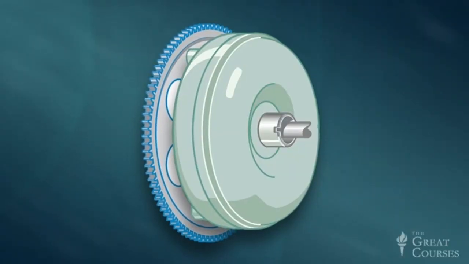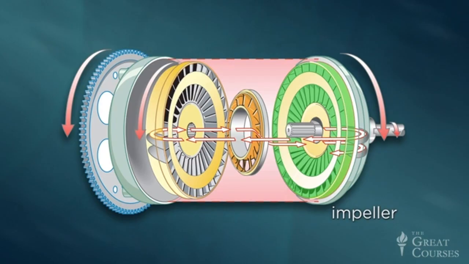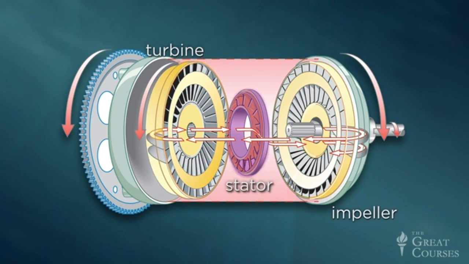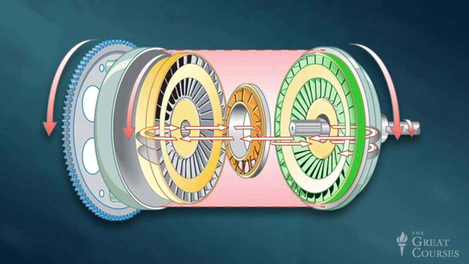Here's how it works. The device is composed of three main components: the impeller, turbine, and stator, as shown here. The impeller is a disc, shaped like a half donut, with a series of radial vanes mounted inside. The impeller is rigidly attached to the torque converter's housing, which itself is bolted to the engine's flywheel.